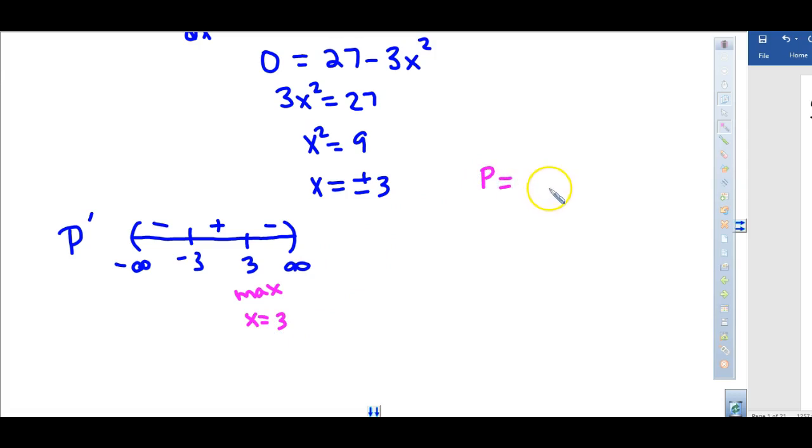But it actually helps me to find my max product. So I'm going to go back to P, which was x times y, and multiply 3 times whatever y is. So I don't know what y is. That means I've got to go back up and figure out what y is.